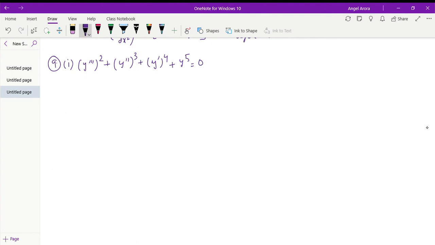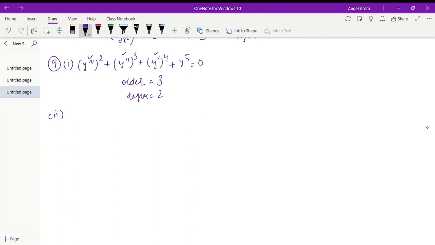So third order derivative, second order derivative, first order derivative, and this is a single y raised to 5. So third order derivative is of highest order, so order will be 3, and its power is 2, so degree will be 2. Very simple question.